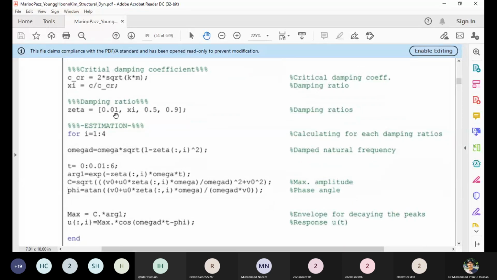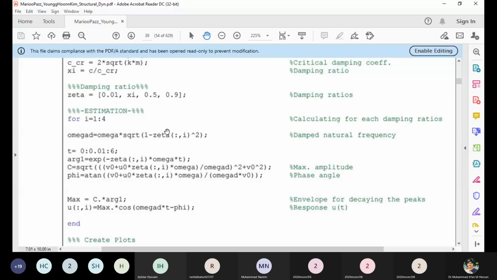Now for all zeta values, we want to compute the response. So we run a for loop, for each damping ratio we are calculating. For i equal to 1 to 4, all 4 zeta values are computed. Zeta i becomes a variable because these are the 4 different values.